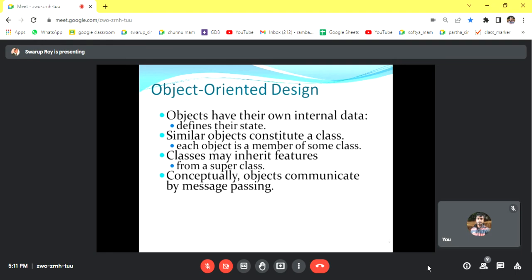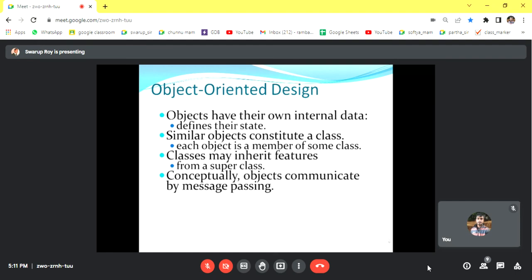Similar objects constitute a class. A set of stacks is going to be a stack class. A set of laptops can create a laptop class. A set of car objects can constitute the class car.